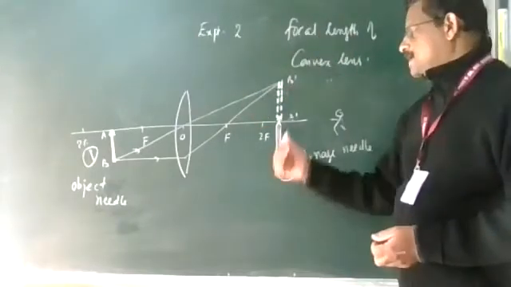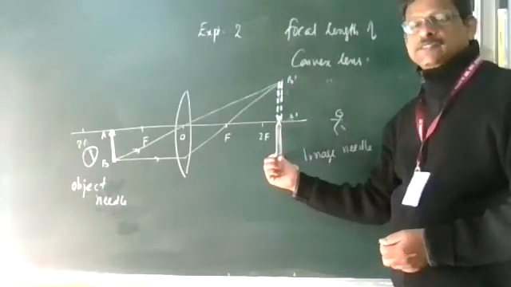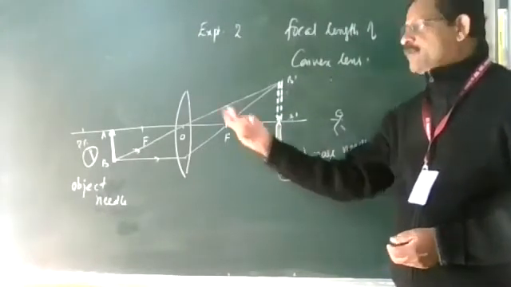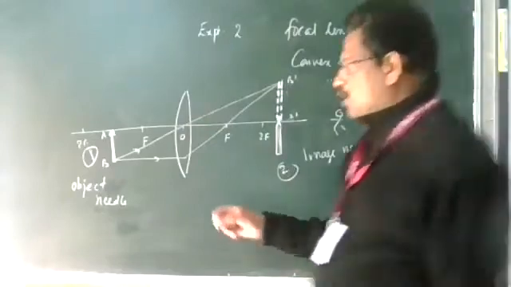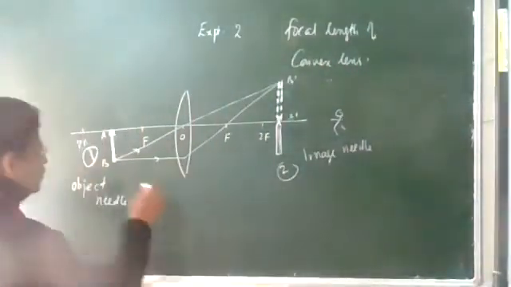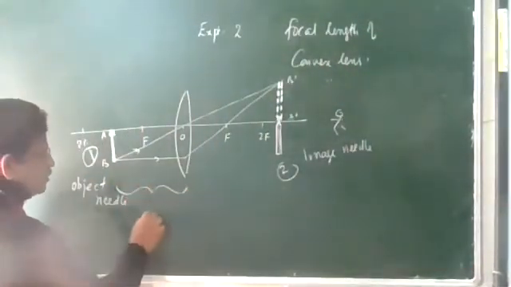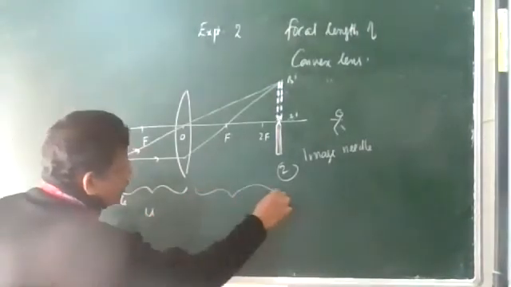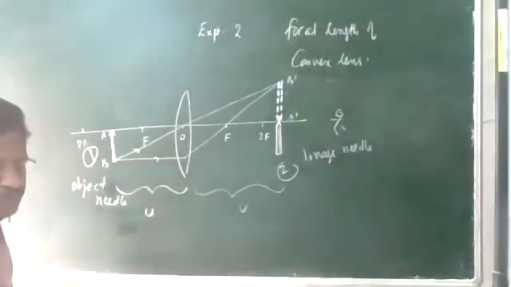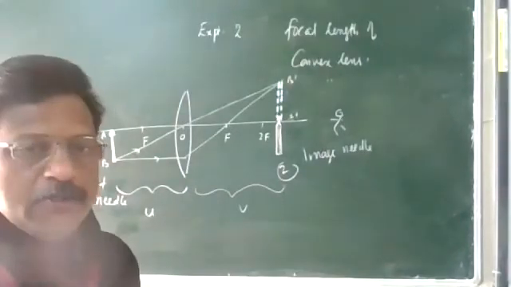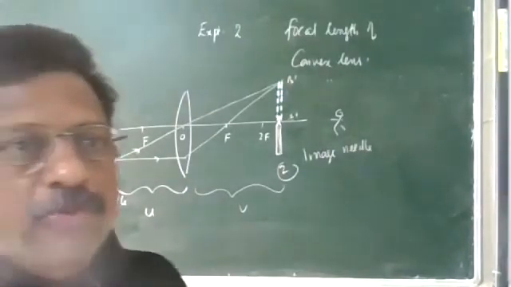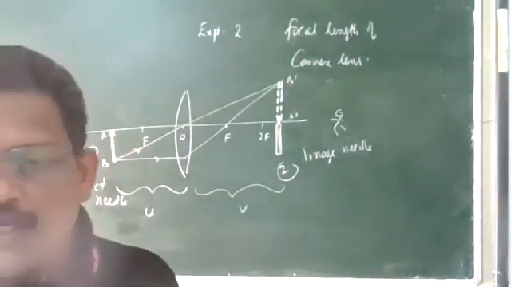Once there is no parallax, this image needle locates the image position. So this is the object and this will be the image distance V. The aim is to find out the focal length.